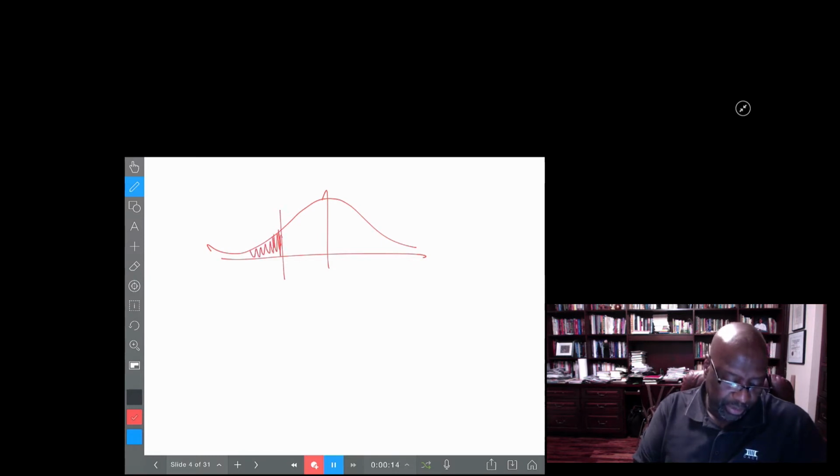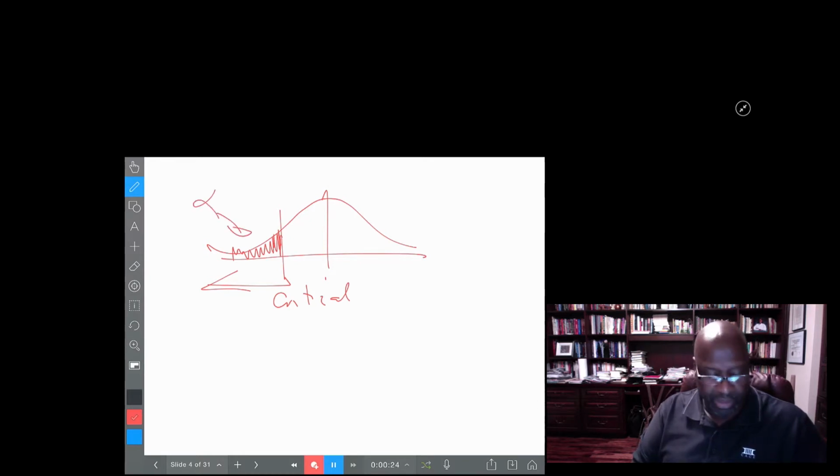So let's do this. If I had a left tail, meaning that if I wanted to find evidence that the mean was less than a particular value, then I'll be looking in this part of the distribution. And so this would be my critical value right here, and this area would be alpha, the significance level.